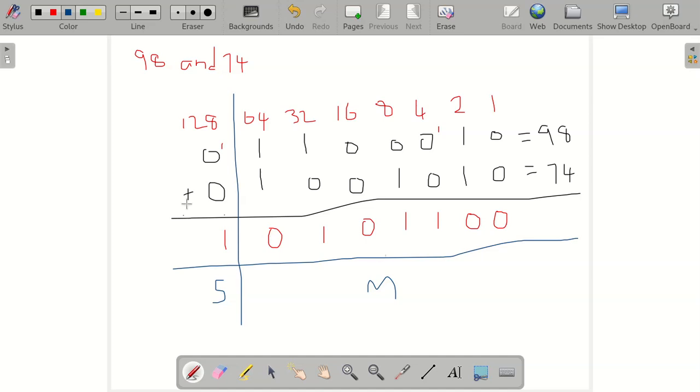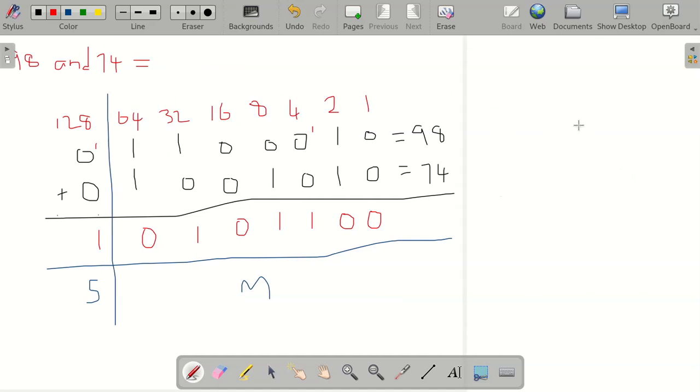Okay, so for this to make sense, I'll ask a question: what is 98 and 74 in normal calculations? So we'll say 98 plus 74. So 8 plus 4, it's 12. So 2 carry 1. The 9 plus 7, it's 16, plus that 1, 17. We have 172.